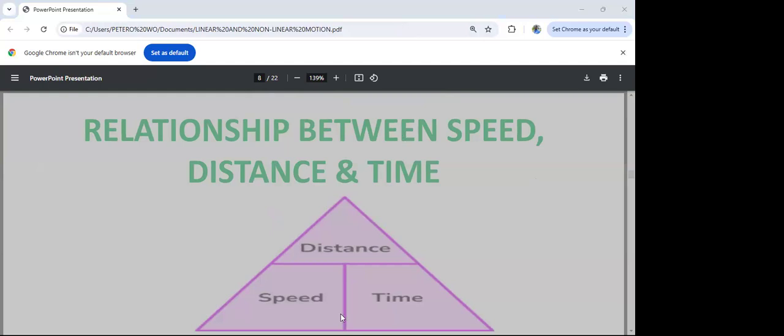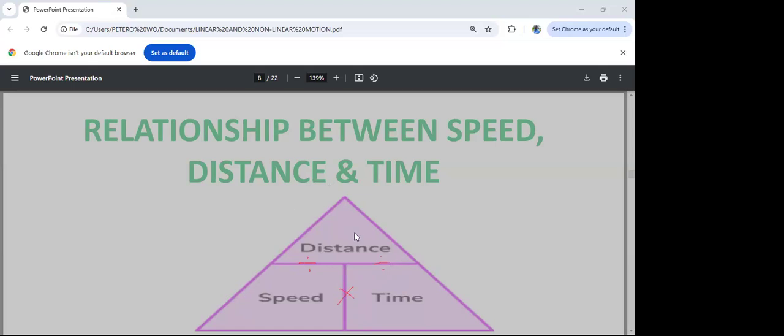On our triangle, the distance is up, and this line drawn below it means we are dividing, and this line between speed and time means that we are multiplying, and this side here is also a division.